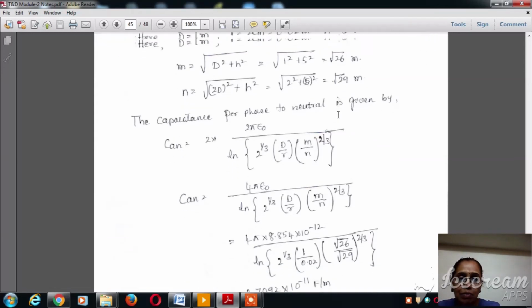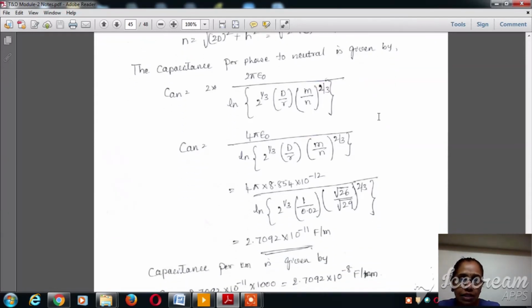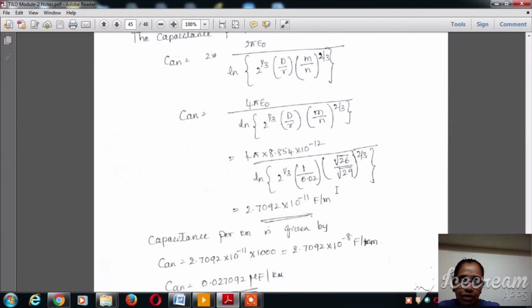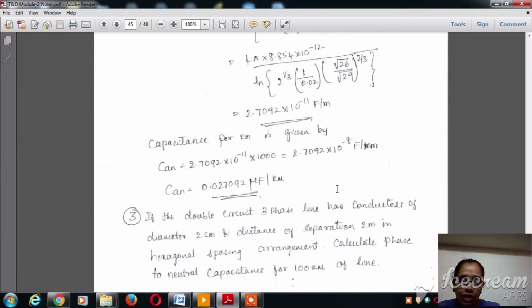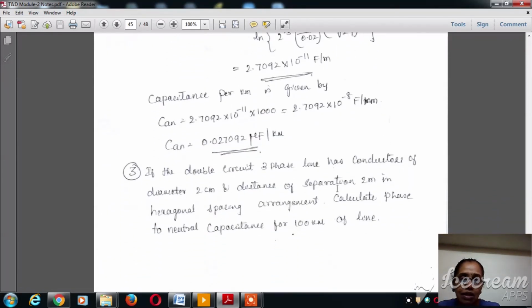Now the capacitance per phase to neutral is given by CAN is equal to 2 into 2 pi epsilon naught divided by ln of 2 to the power 1 by 3 D by R multiplied by (M by N) whole to the power 2 by 3. Substitute the values of everything, then we will get 2.7092 into 10 to the power minus 11 farad per meter.